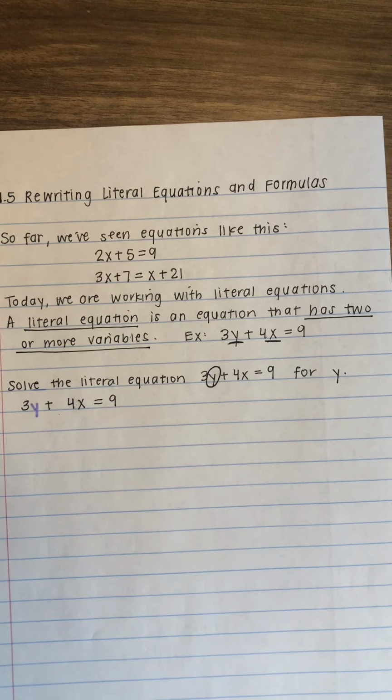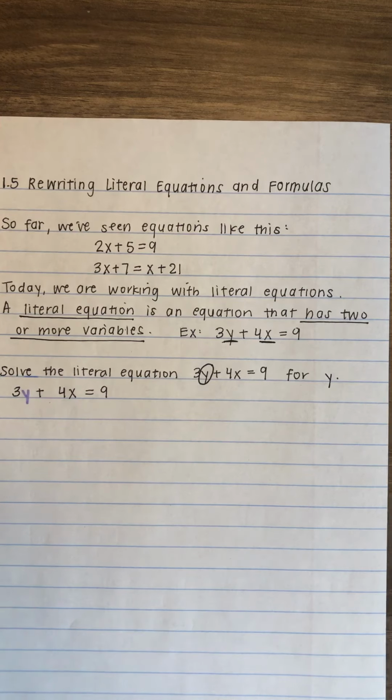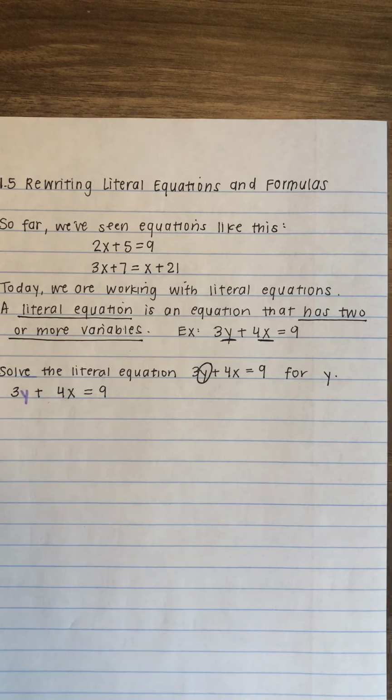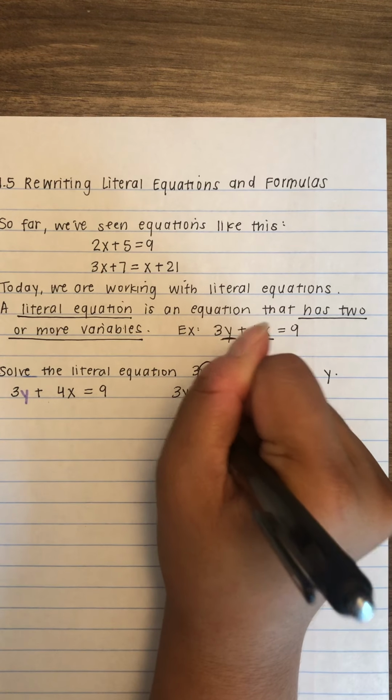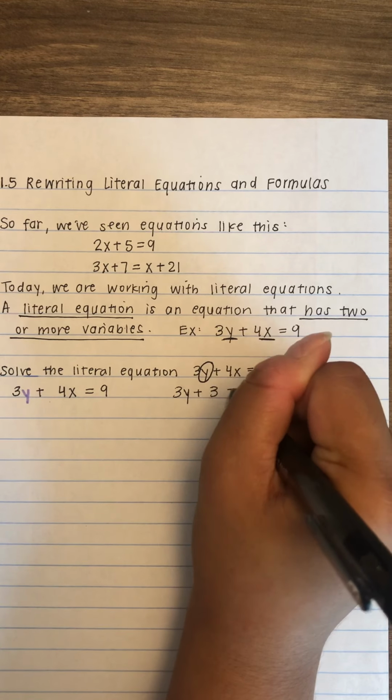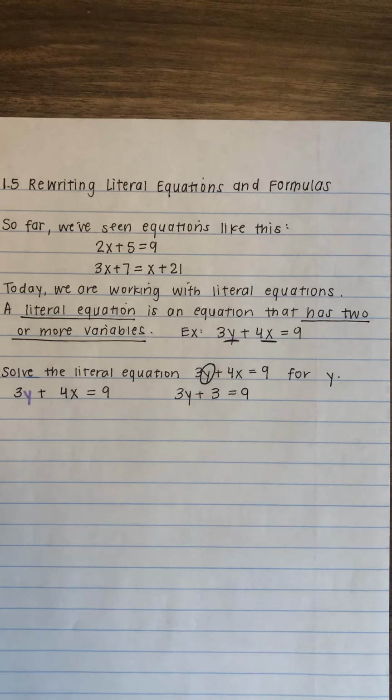All right, so we have 3y plus 4x equals 9. Now before I continue, I want to show you guys how the structure of this equation is very similar to the structure of the equations that we've been working with so far already. And I'll show you guys how. So let's take a look at this equation, maybe 3y plus 3 equals 9.